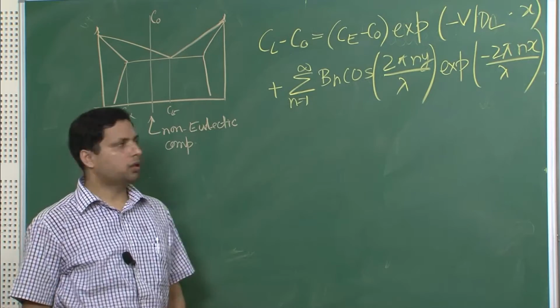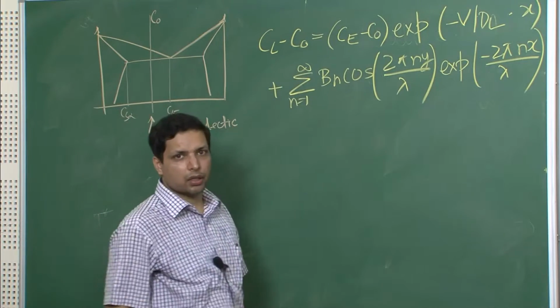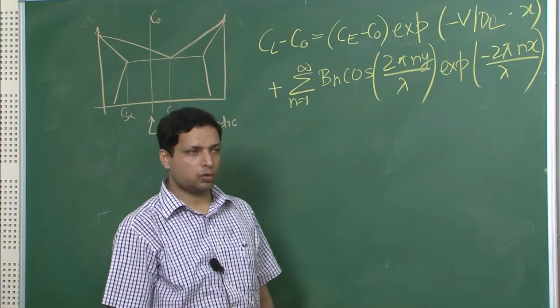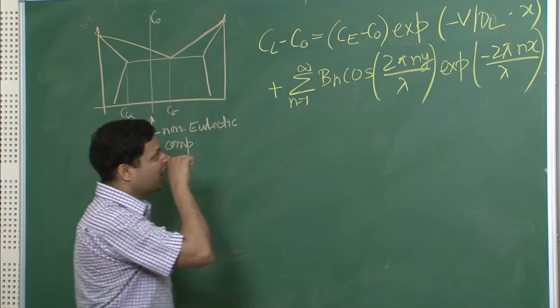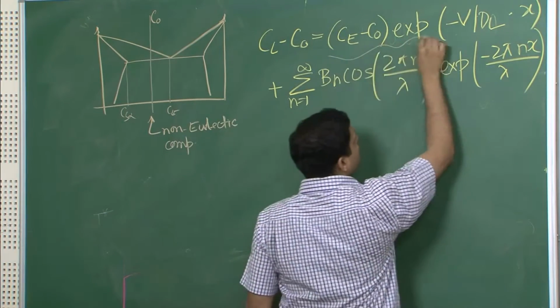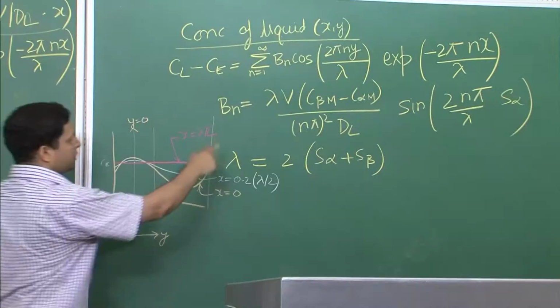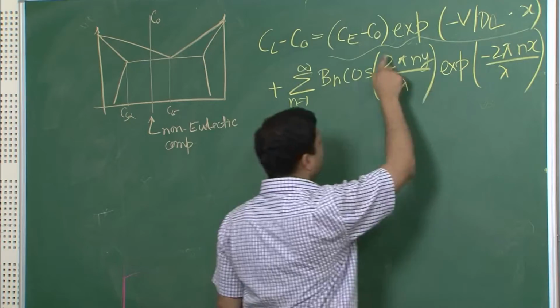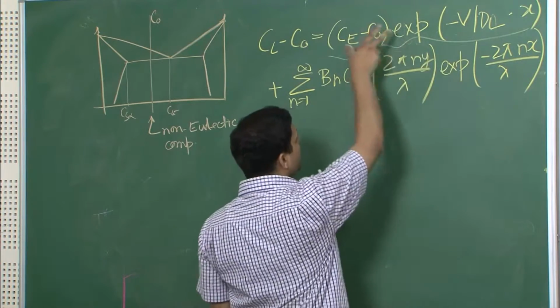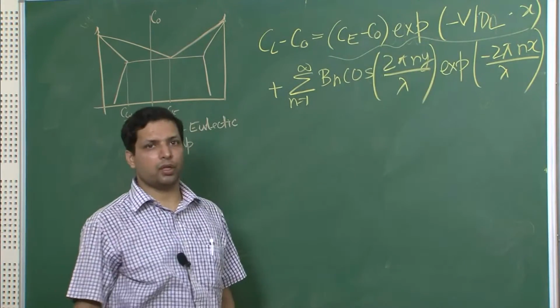What do we see when we write the equation for the liquid concentration for a non-eutectic composition? Over here we had only this relation, but here we have this component, which is the same as that one, and an additional component over here.